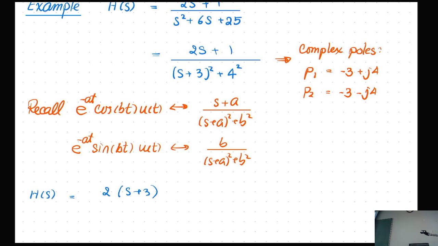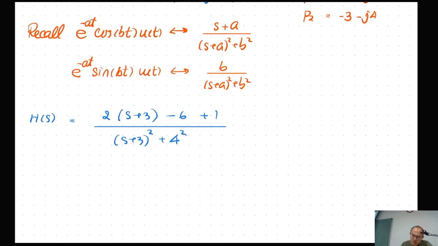So I take the 6 out: minus 6 plus 1, divided by (s plus 3) squared plus 4 squared.